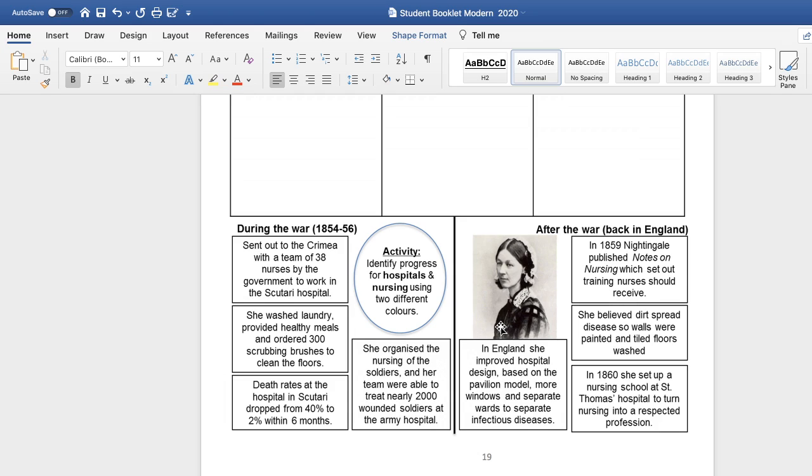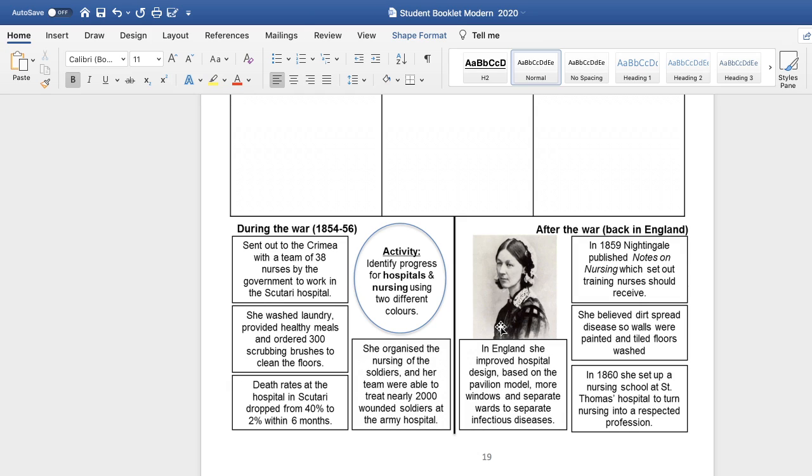Now, when she came back, she thought, well, we need to apply that same knowledge, because nurses have a bigger role. They can't just be these drunken women who are unconscious on the job. We have a bigger role and we can be effective. Essentially, she set up a nursing school at St. Thomas Hospital. She published her notes on nursing, and she set out what the professional nurse should be like.